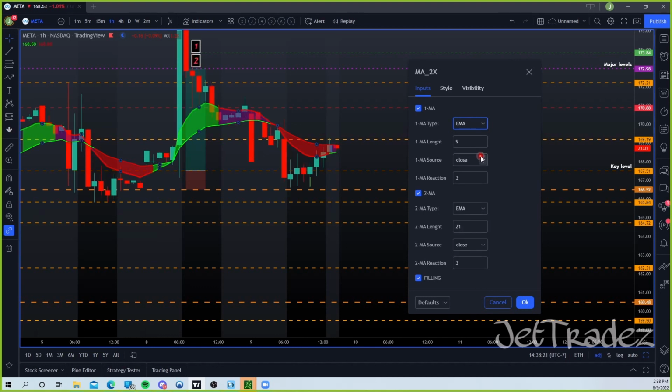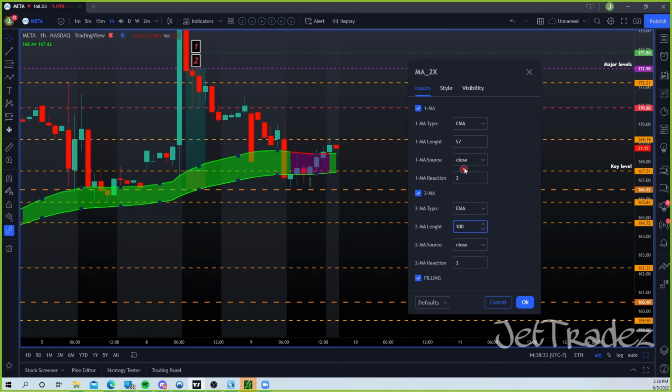So you can put whatever you want. You can even put the bigger time frames, like the 55 or the 50. I used to use the 57 with the 100, and you can see if it's bearish or bullish. Or the 9 EMA with the 21, also bearish or bullish. You could switch it. It's up to you.